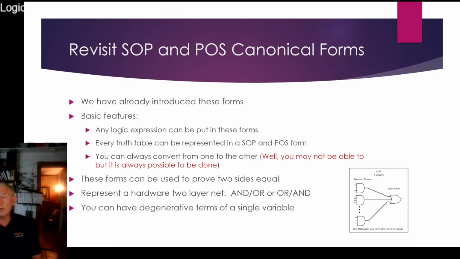If we're going to convert it to hardware that's made up of NOR gates, a NOR input layer and one NOR output, we're going to use the POS form, because we can go from POS to NOR really easily. We can go from SOP to NAND really easily. But you can't go from SOP to NOR. You have to first go from SOP to POS and then to NOR.